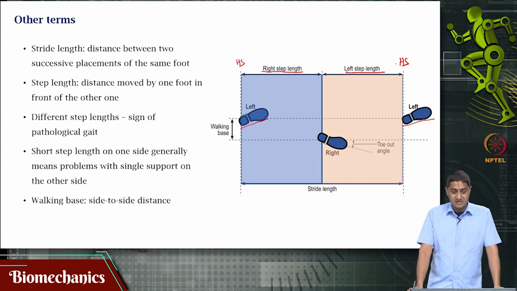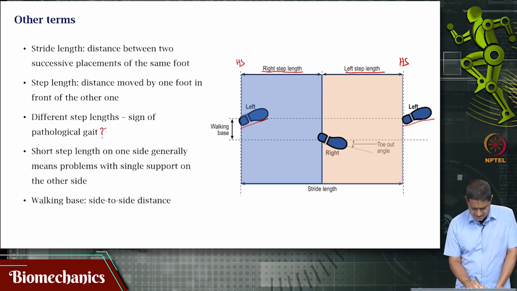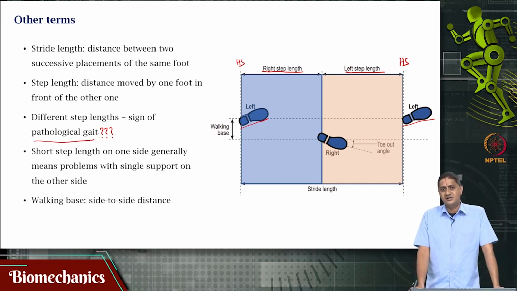Step lengths that are different, is this a sign of pathological gait? Question. No. We need to discuss this. I will come back to gait analysis or pathological gait simply by using step lengths and stride lengths and times.